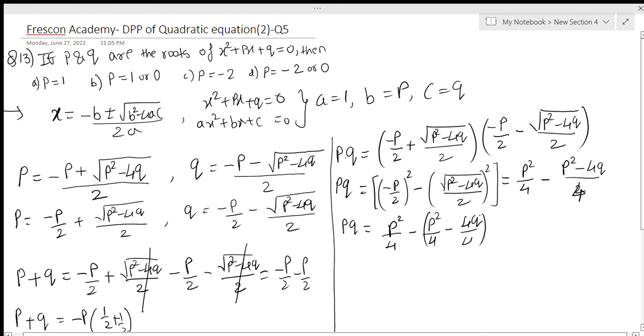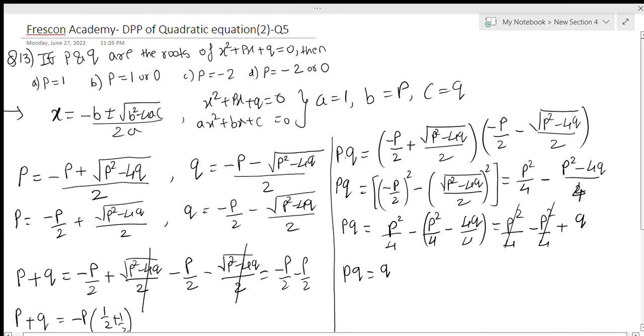Now multiplying the minus sign inside, you get p square by 4 minus p square by 4 plus q, as the 4 gets cancelled out. The p square by 4 and minus p square by 4 will be cancelled. So p into q is equal to q.